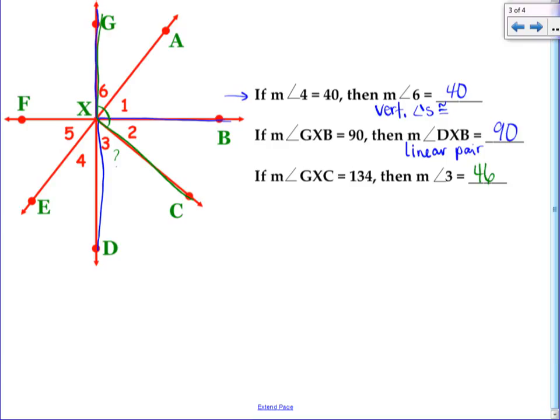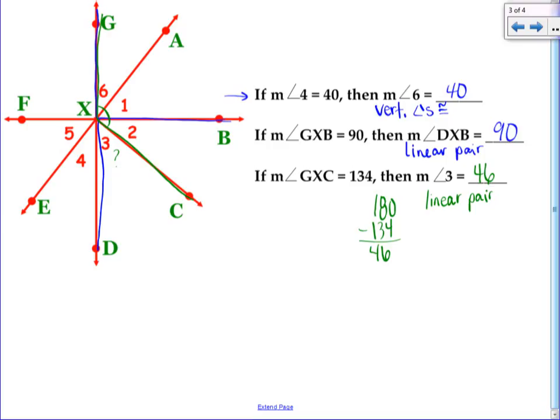What information did you use? 135 is 3/4 of the way to 180, and 45 is a fourth. Okay, so how did you get 46? What math did you do in your head? Just added and subtracted 135. So you did 180 minus 134 to get 46. So that's another linear pair situation.